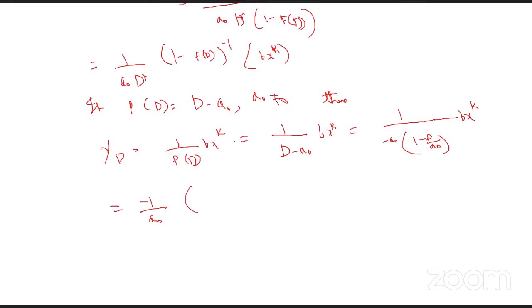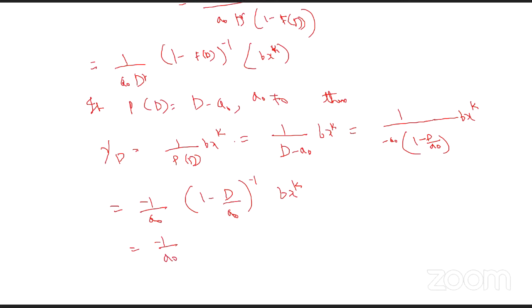This can be written: you take it from the denominator to the numerator, so this becomes 1 minus D by a naught, whole power minus 1, into b x power k. Hence, that equals minus 1 by a naught.